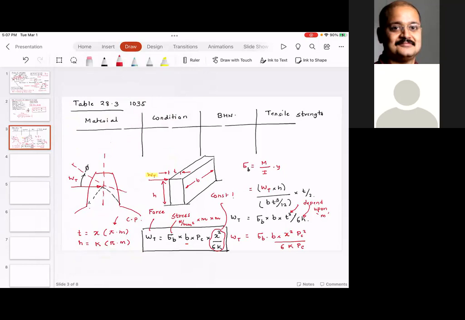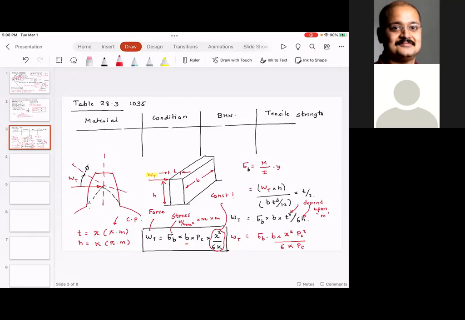And the left hand side of the equation is force in Newton, and the right hand side of the equation is Newton per millimeter square multiplied by millimeter multiplied by millimeter. So can you see the left hand side is equal to right hand side?